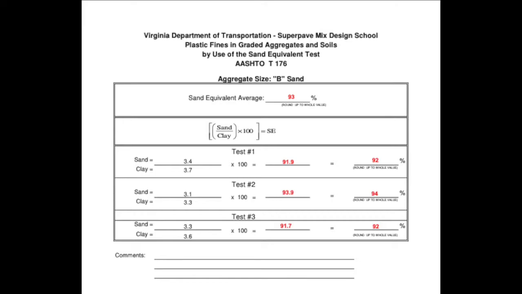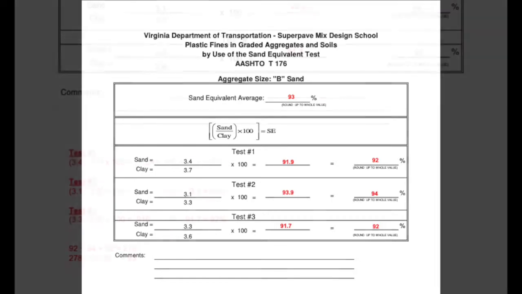Get your sand value, 3.4, divide it by your clay value of 3.7 times 100. Gives you a 91.9. Your second test, test 2, sand value of 3.1, divide that by your clay value of 3.3, yields you a 93.9. Test 3, sand value of 3.3 divided by your clay value of 3.6 yields you a 91.7.